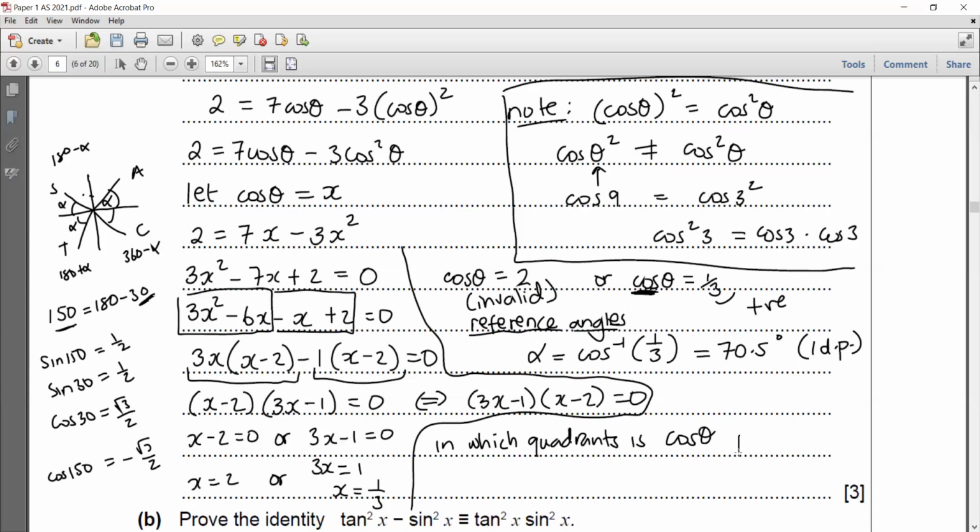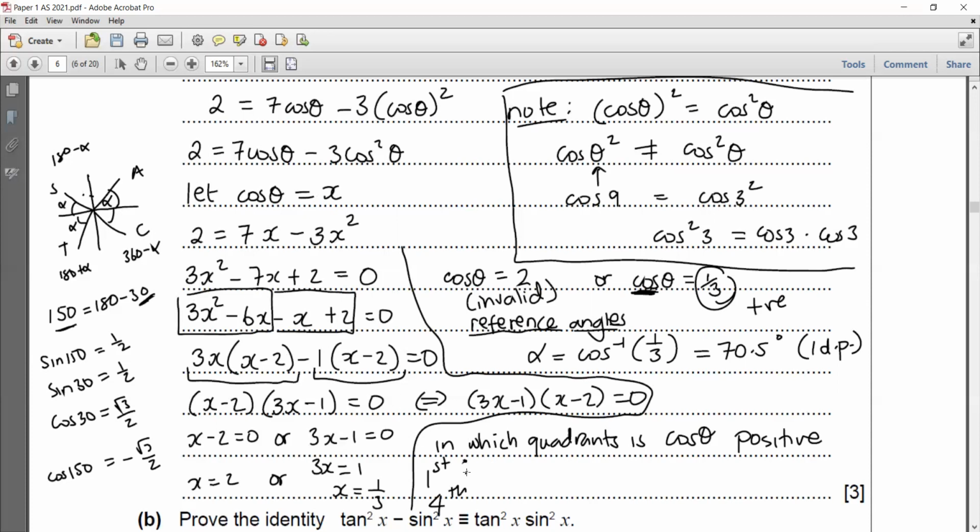Why positive? Because I'm having cos of theta equal to positive 1 over 3. So I say in which quadrants is cos of theta positive, and that's where I use my CAST diagram. So it's positive in the first quadrant. So my answer is in the first quadrant and in the fourth quadrant from our CAST diagram.